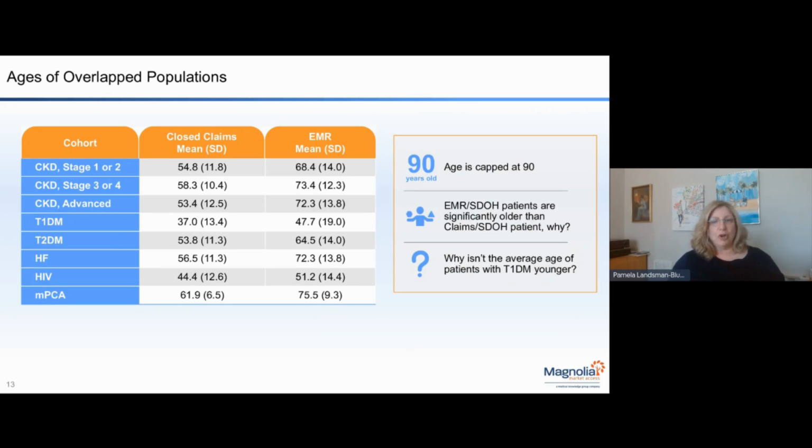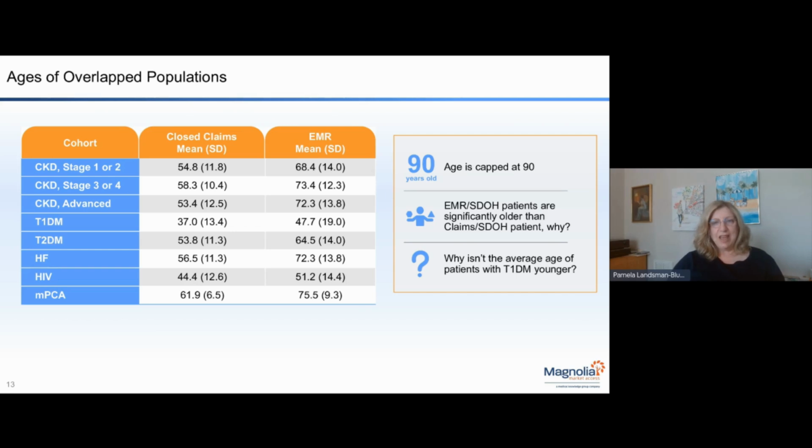So what are the ages of the populations? So here we have the mean and the standard deviation for the age of the population. And you will see that the youngest are those with type 1 diabetes. The highest are those with metastatic prostate cancer.